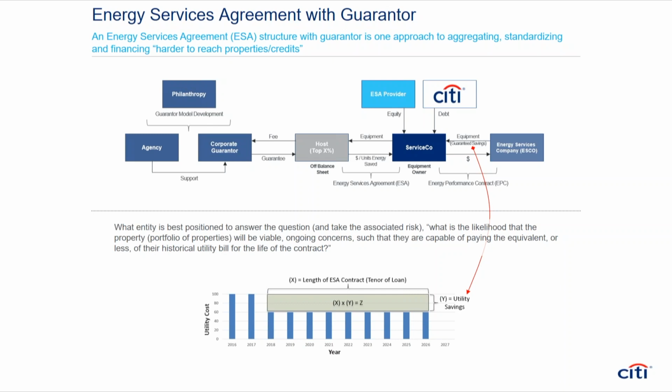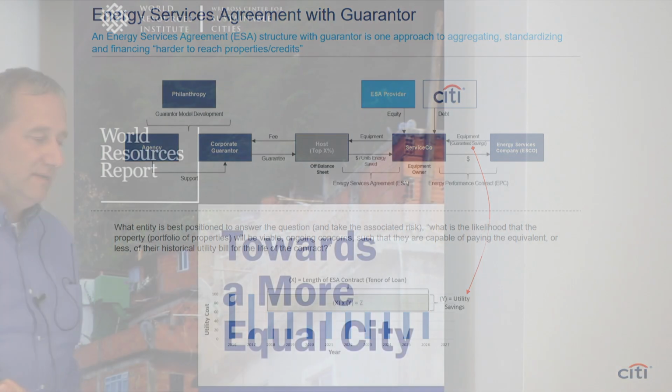And so when I am evaluating that risk for an investment grade corporate, I am in part relying on their credit quality, but I'm also asking myself, what's the likelihood that, just making up a name, Walmart is going to be in that location for the next 5 years?